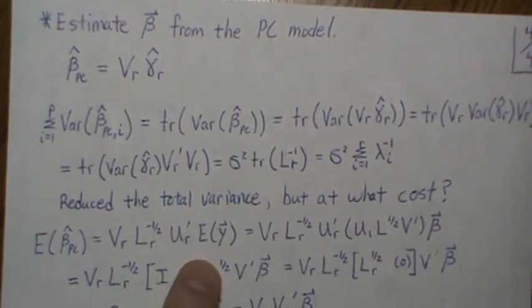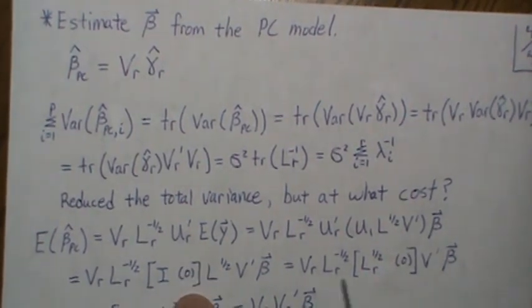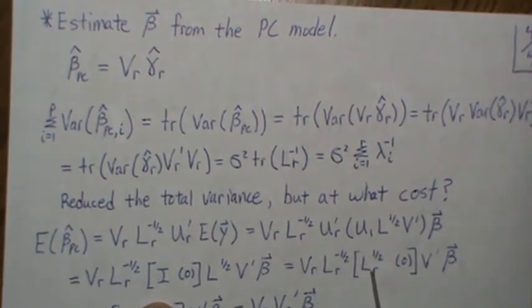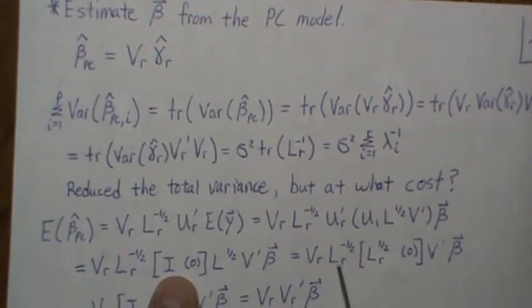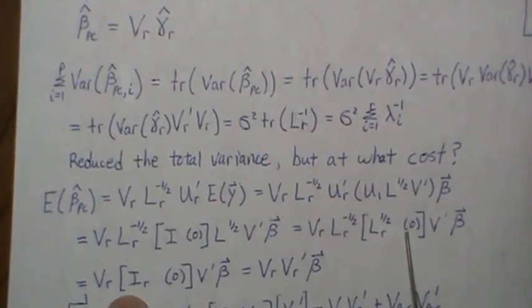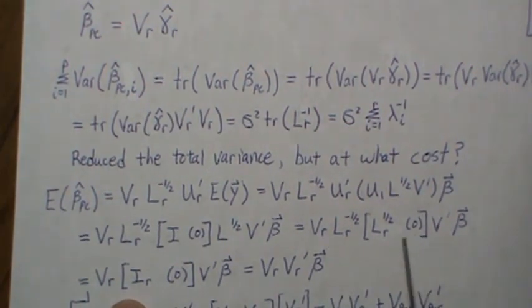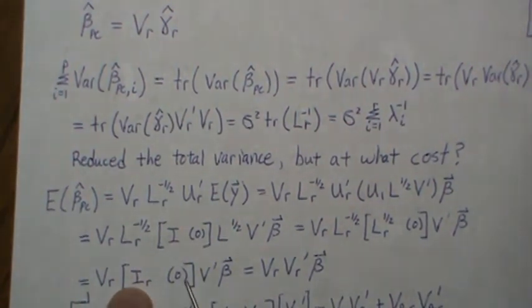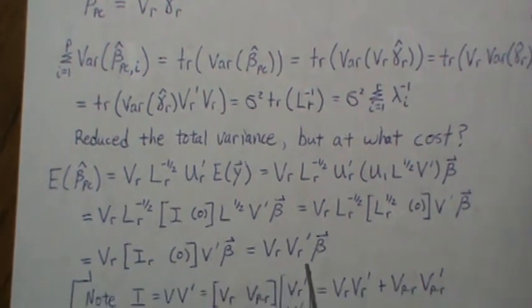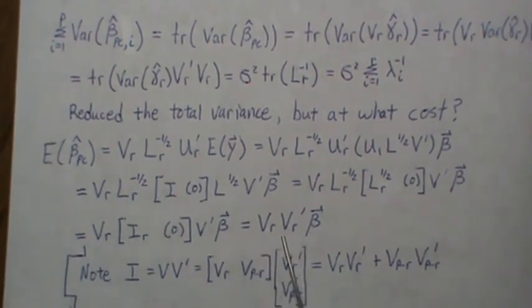Then this times this grabs the LR components. That's why we get this over here. Now, when we multiply this in, we get the identity matrix here and 0. And then this right here times the V only grabs the first R columns, so we get VR prime beta. Now let's look at a note here before we finish this.